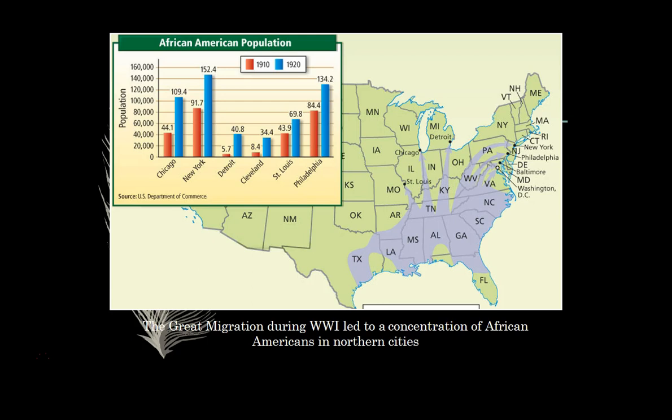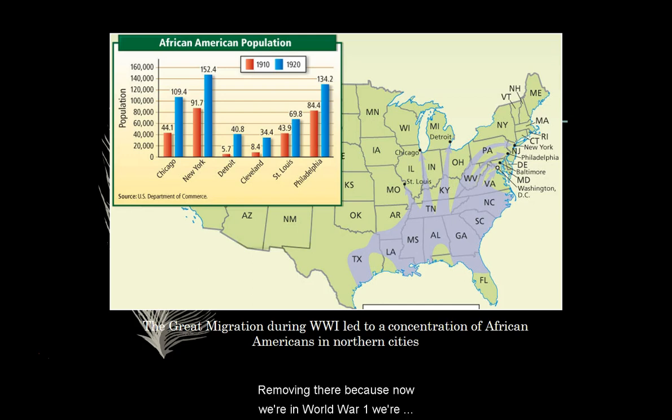In the 19-teens, we see a huge rise of African Americans who had previously lived in the South, who had been oppressed by Jim Crow laws, treated unfairly, had to face huge amounts of discrimination in their Southern society, now have a reason to move up north. They're moving up to cities like Chicago, New York, Detroit, Cleveland, Philadelphia.